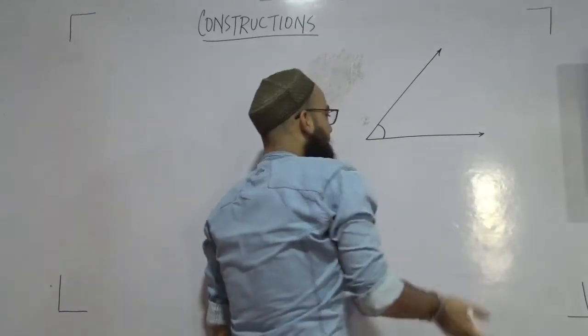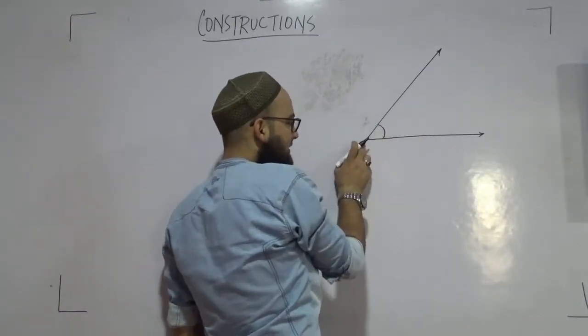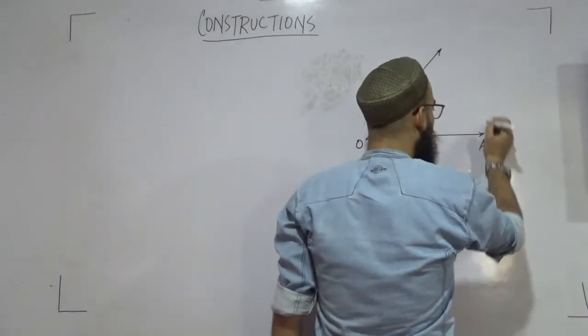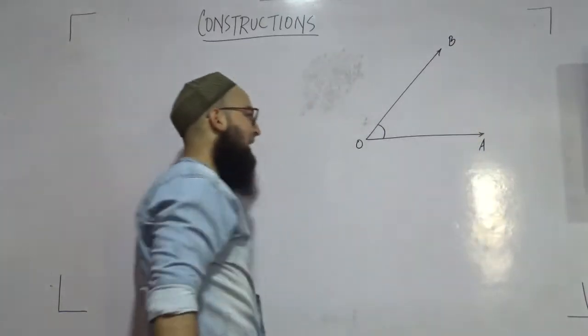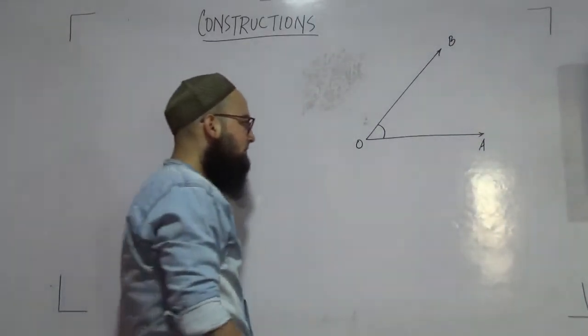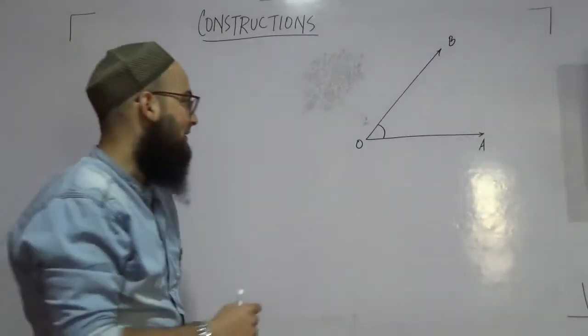So what we do, we take this point as center. For example, this is angle AOB, say some angle, 60 degree. Now we are going to draw the angle bisector of this angle.